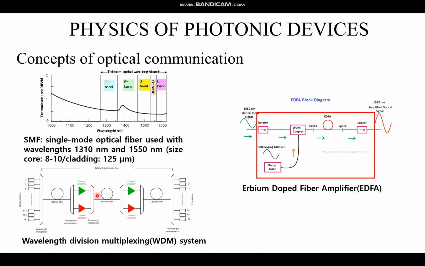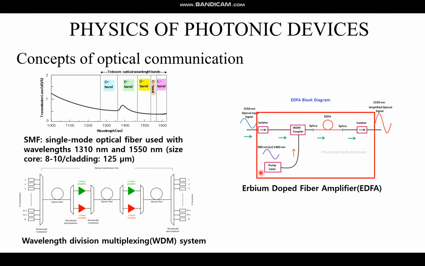Here the C band amplifier and L band amplifier amplify these signals, and the fibers and amplifiers repeat this process, and finally they reach the receivers, each receiving an individual signal, giving higher information capacity.